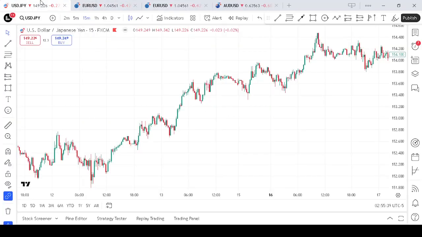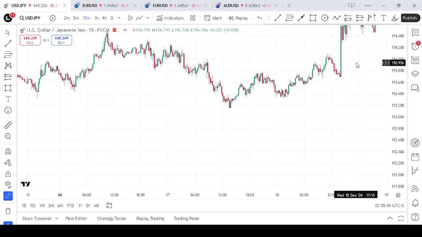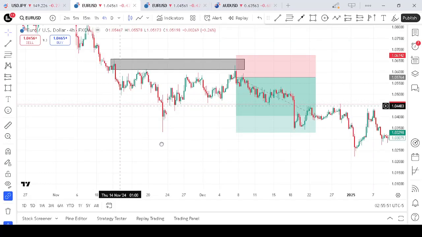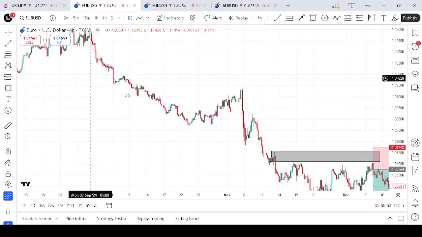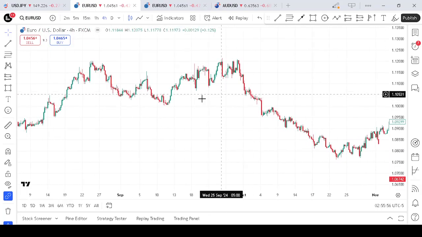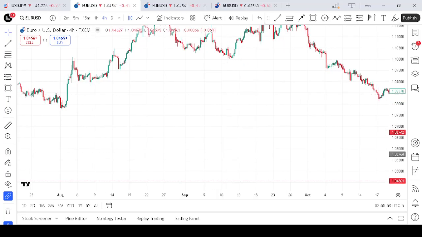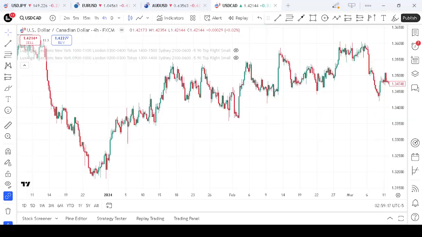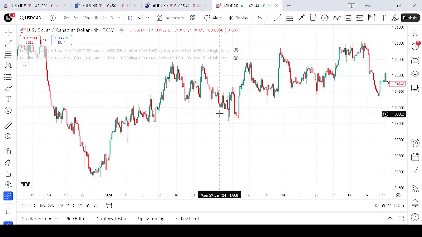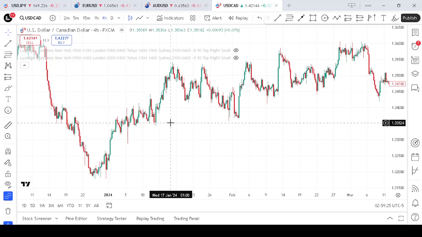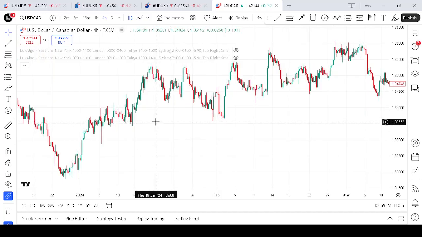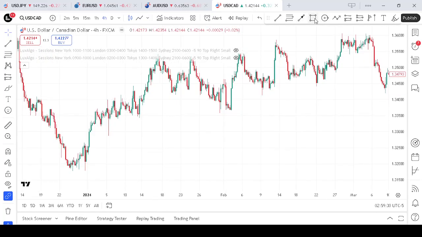I would like to look for an example of a bullish unmitigated order block. As you can see, there is an example of a bullish one. Now, for the example of a bullish unmitigated order block, you can look at this area on the chart.